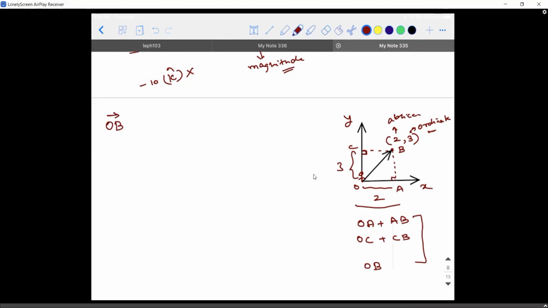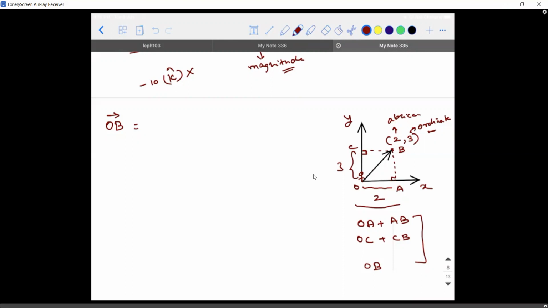I'm very clear that I'm talking about OB vector, equal to, look at the way I'm going to write. How much is the distance I have moved? I'm using the word distance because distance is a length, magnitude. From the origin, how much is the distance I moved along the x-axis? Listen to the question carefully.